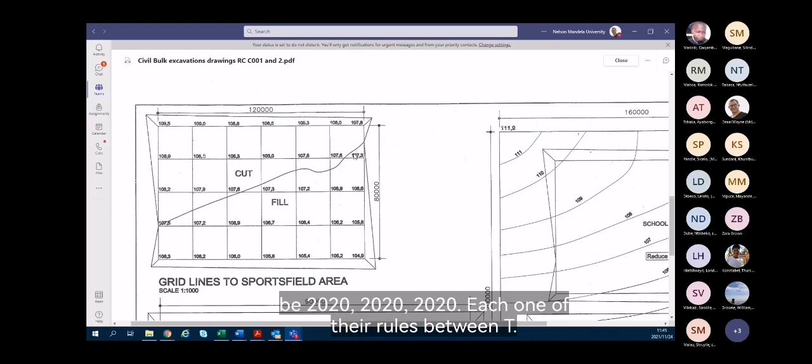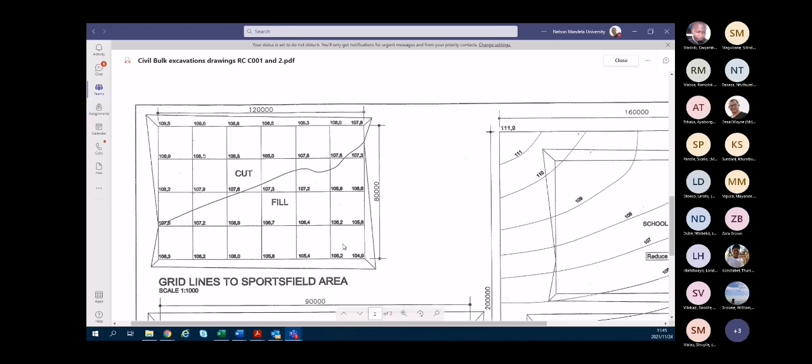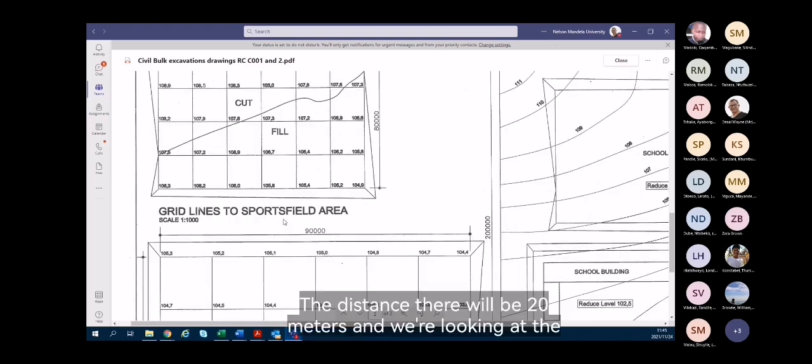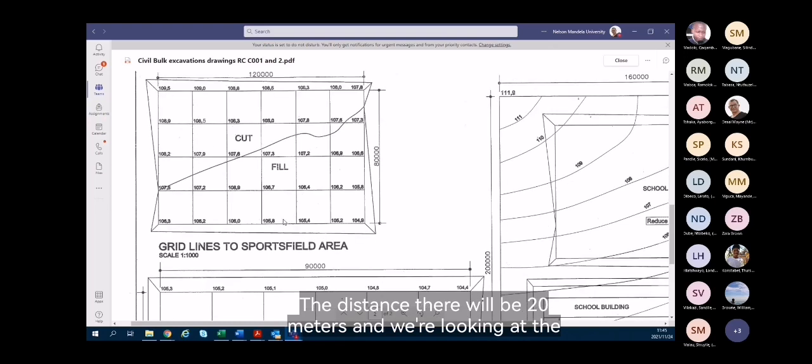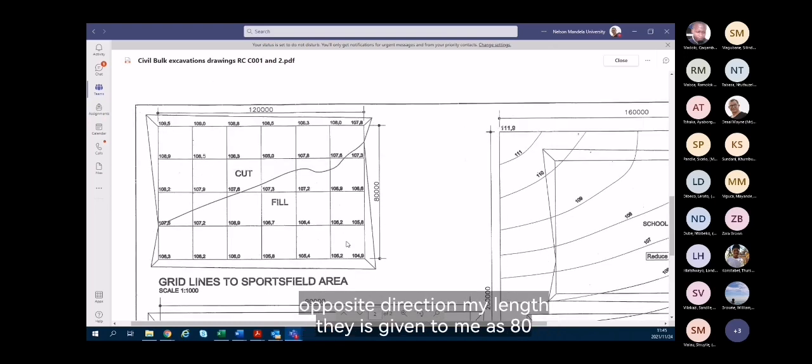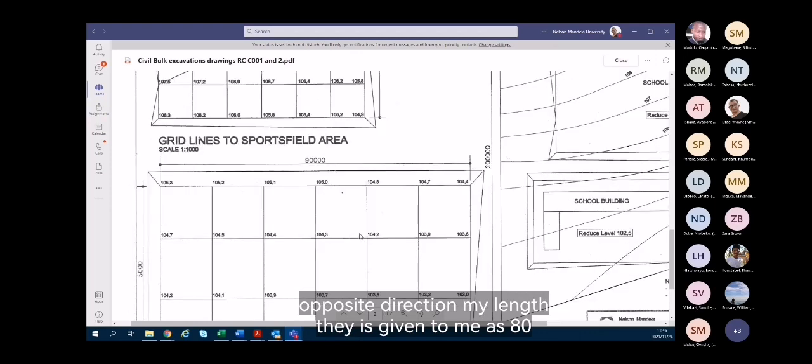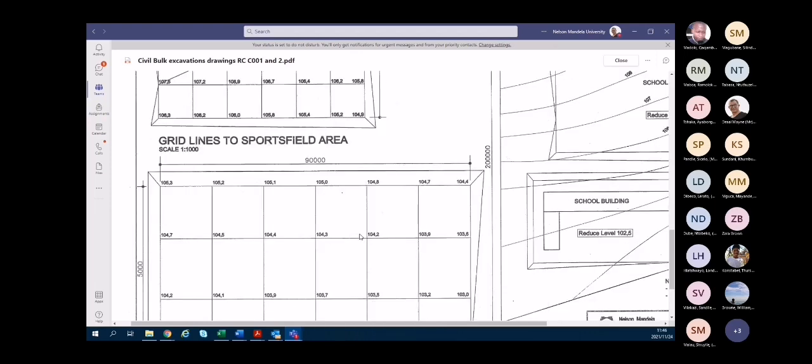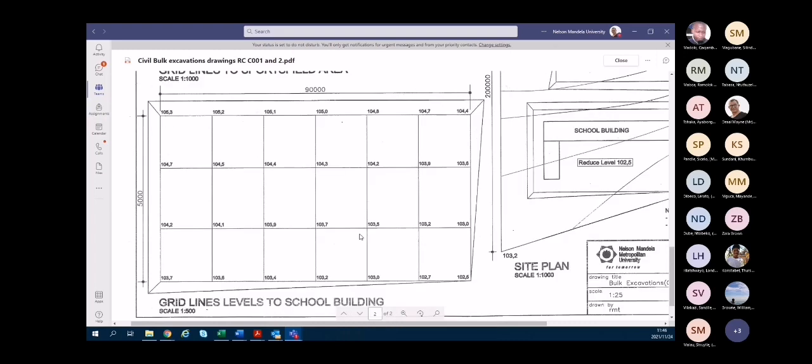Each one of those will be 20. The distance there would be 20 meters, and when looking at the opposite direction, my length there is given to me as 80 meters, but that is not right. That's not right.